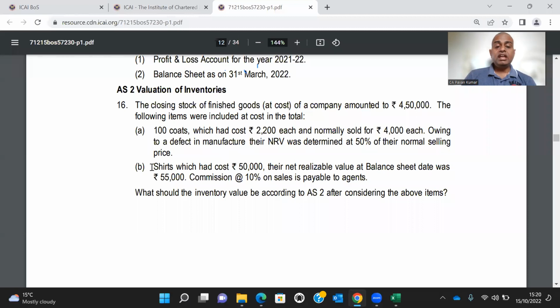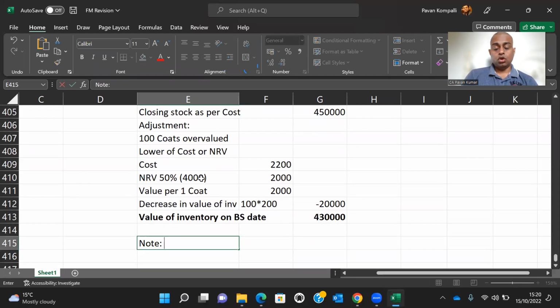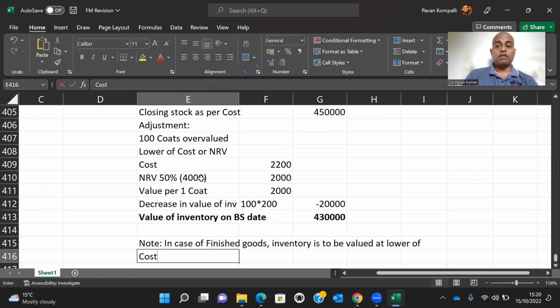For B, for shirts, adjustment is not required. So we can write a note. Note: In case of finished goods, inventory is to be valued at lower of cost or net realizable value.